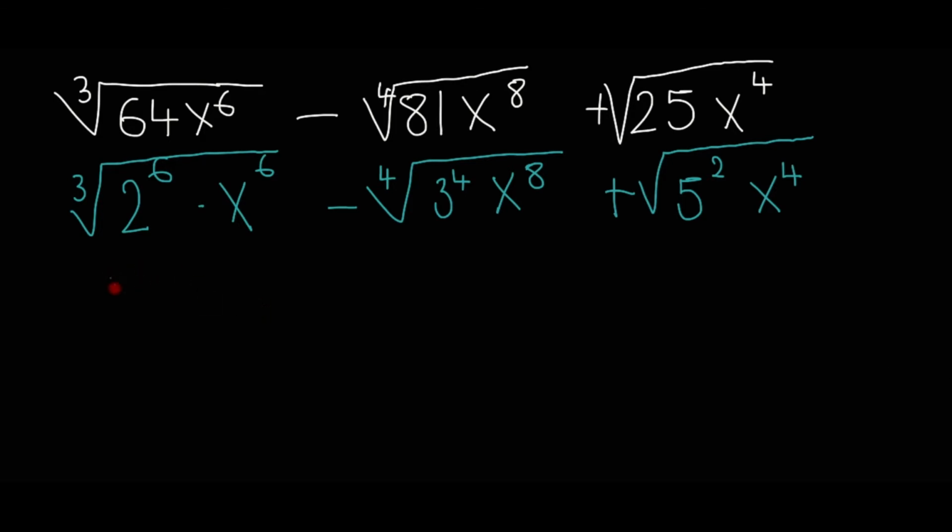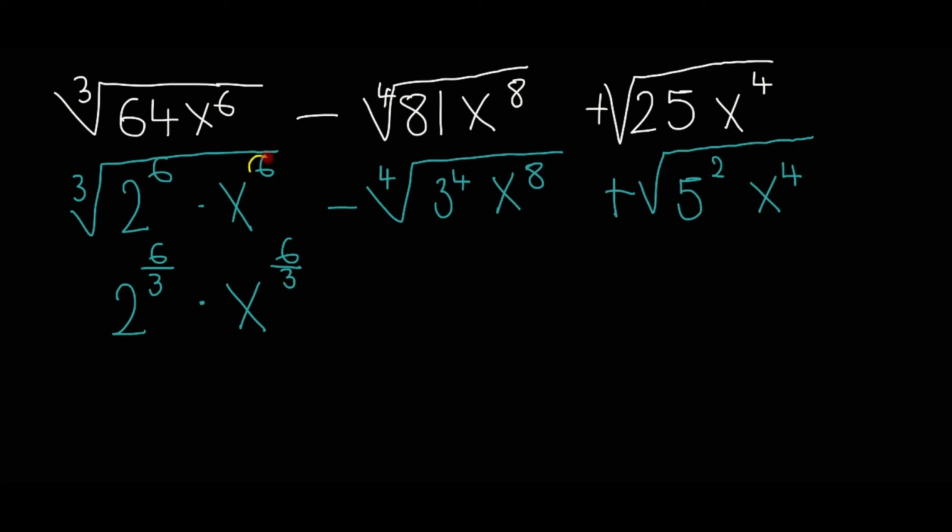It's going to be 2 to the power 6 divided by 3, if you remember from grade 8 and grade 9. So normally 6 over 3, and then write the same thing, we have x to the power 6 over 3.